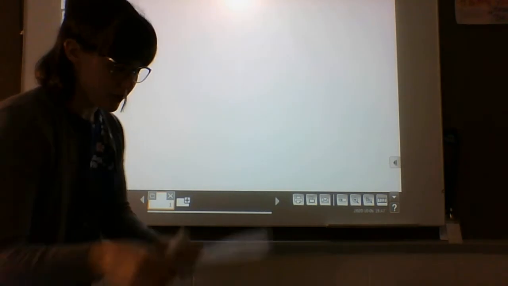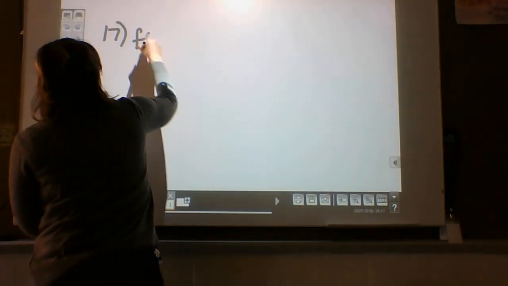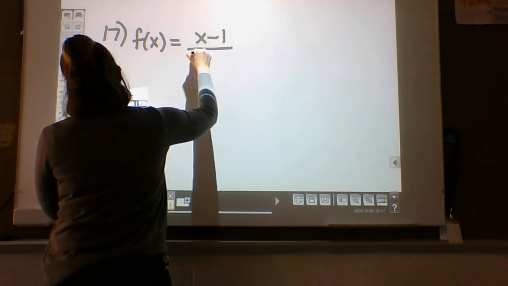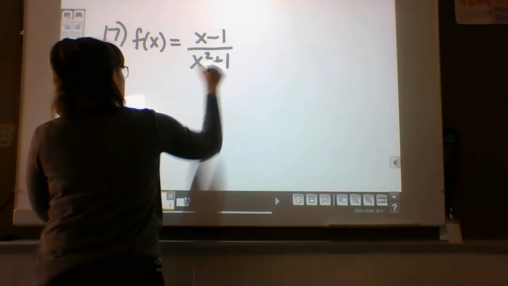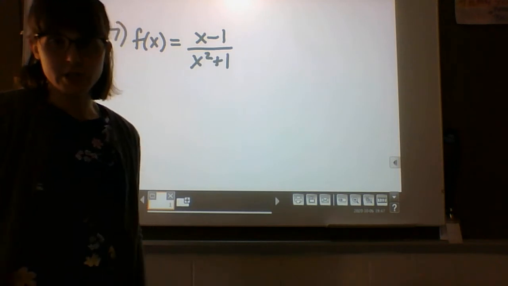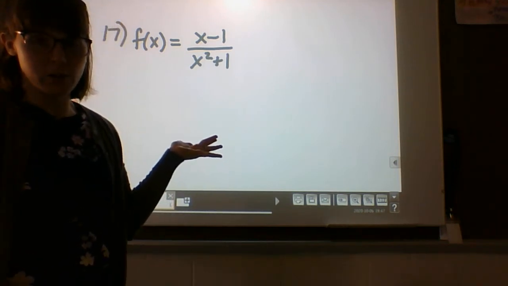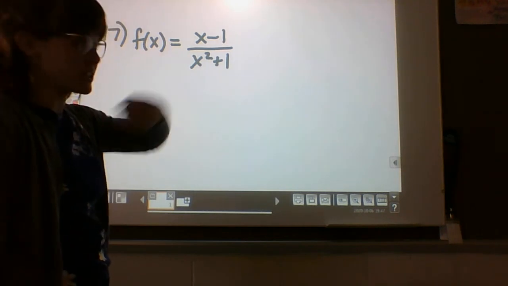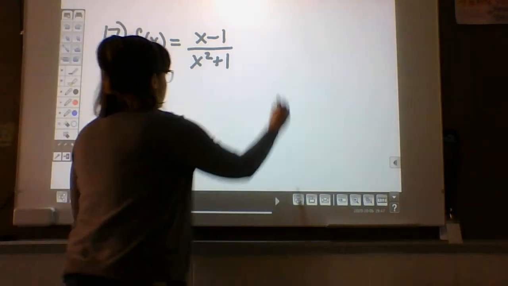Okay, the next one looks like this. Okay, so like I mentioned earlier, you cannot factor x squared plus 1. So we're going to attempt to set it equal to 0 and solve for x.